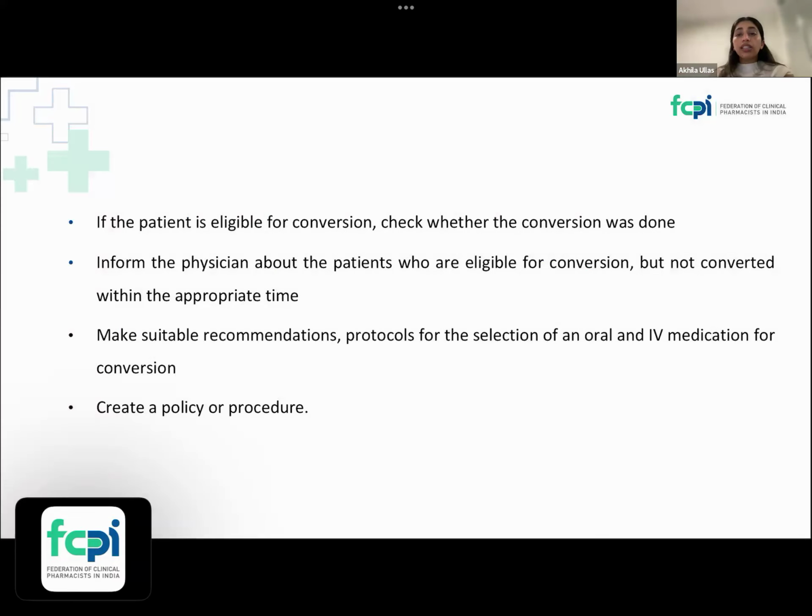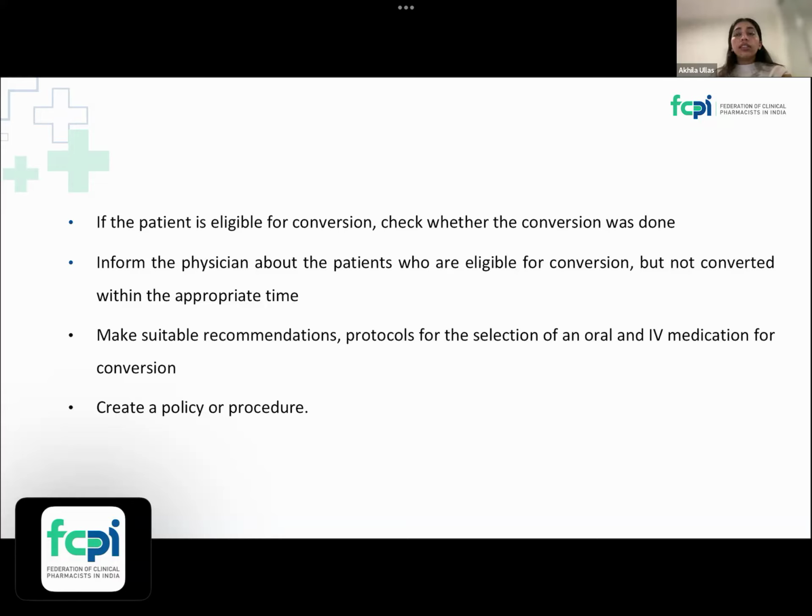And if the patient is eligible for conversion, check whether the conversion was done. If the patient's signs and symptoms are improving, if the patient is extubated, if the patient is orally tolerating, you need to ensure that the conversion was done.